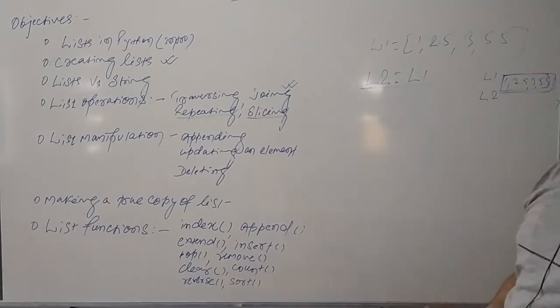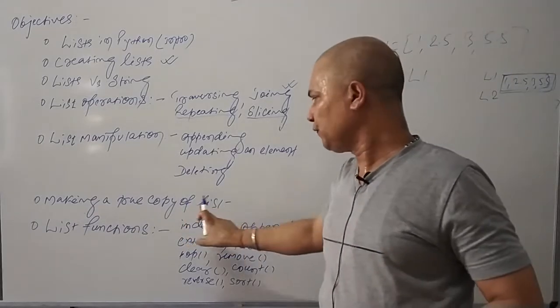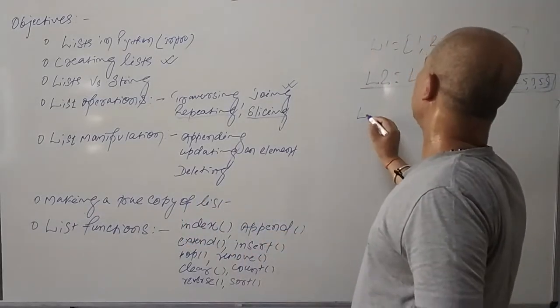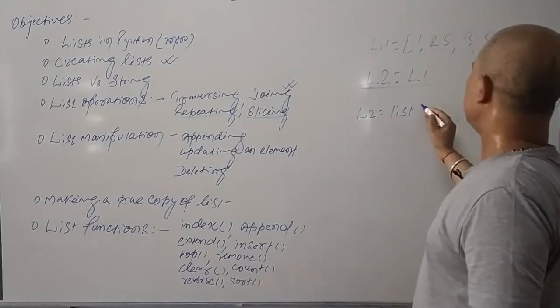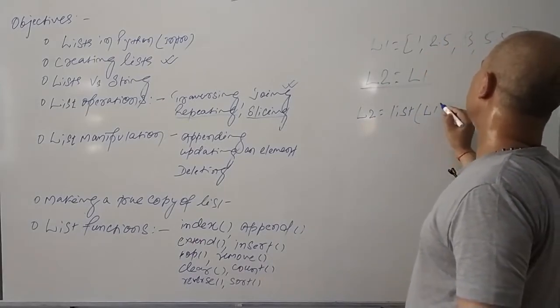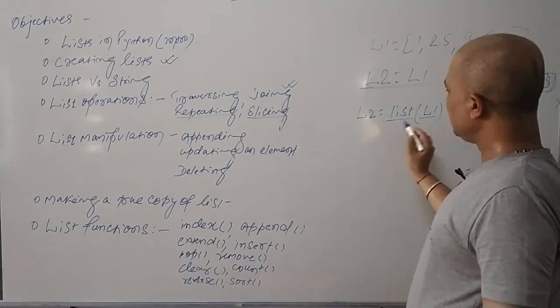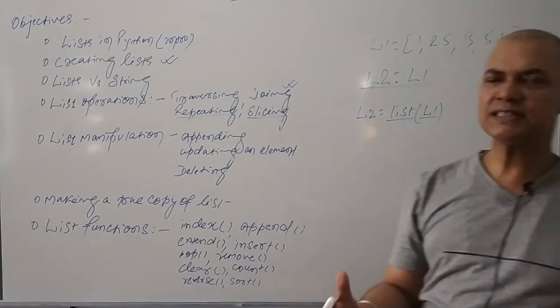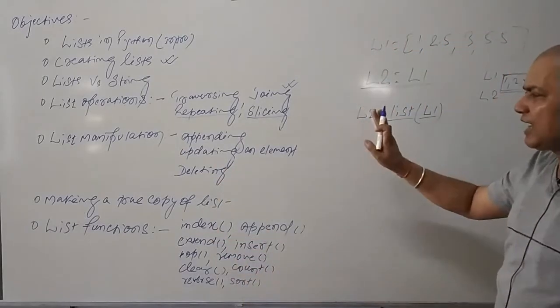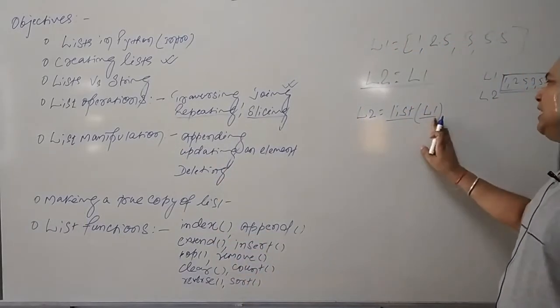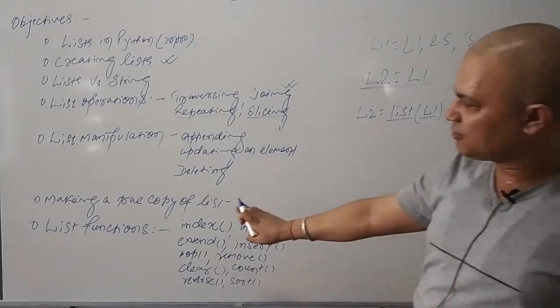If you want to make a true copy of a list, then you have to say L2 equal to list, we have a method called list, and inside it you pass L1, that is a list name. Now basically you are creating two lists, L1 and L2, where L2 is an exact copy or true copy of L1. So I hope you got making a true copy of the list.